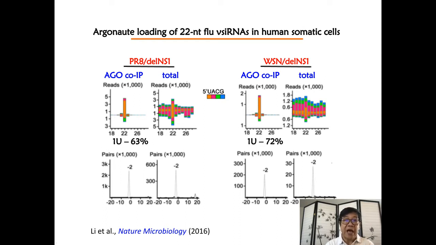So this indicates selective loading of 21, 22 nucleotide viral siRNA into Argonaute protein.